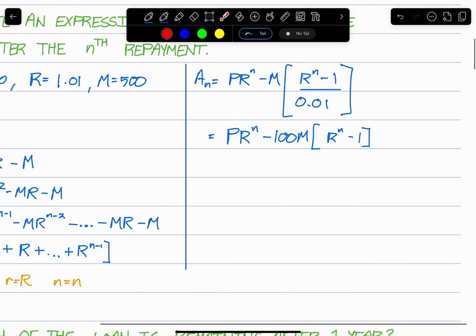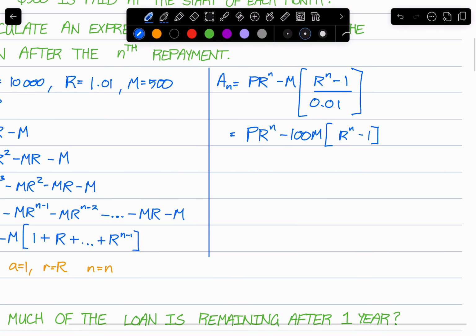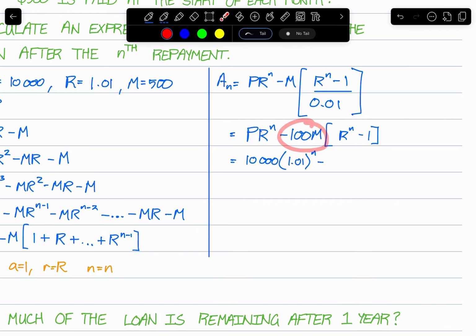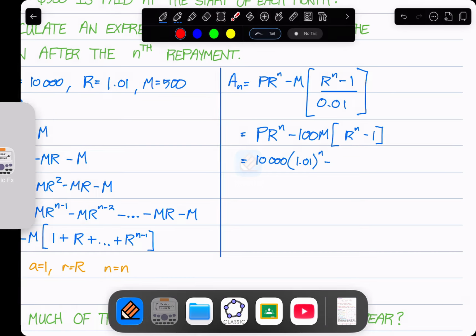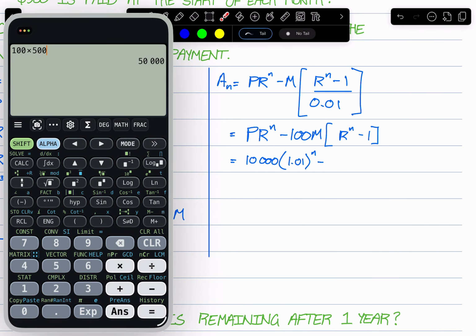And this is when R is equal to 1.01. From here, I'm now going to substitute all my numbers in. P was 10,000. R was 1.01 to the power of n. Minus 100 times M. Well, M is 500, so 100 times 500 gives me 50,000.